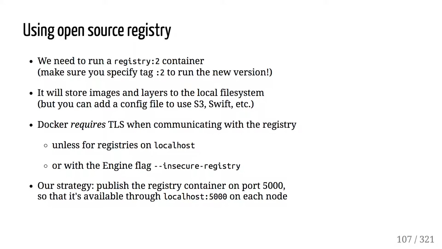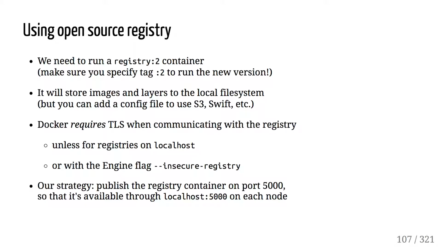Except if we use the -p --publish option as we saw earlier. If we publish the registry container on port 5000, then we can connect to that registry container from any node on the cluster on localhost:5000. So that way, the Docker engine will think that it's connecting to a local registry and it won't require TLS certificates.